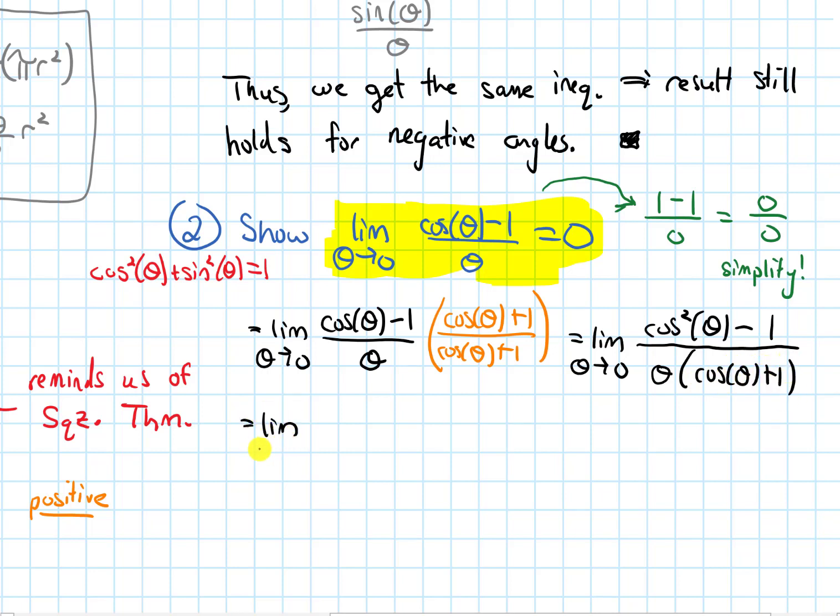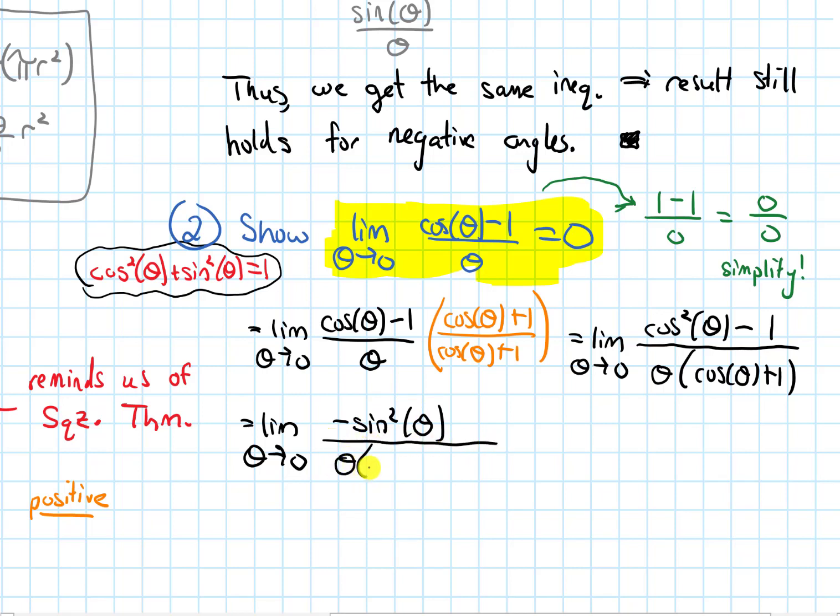So this equals the limit as theta goes to 0. Well, cosine squared minus 1, if I just rearrange the terms, is negative sine squared. So the numerator is negative sine squared, and then I have the theta on the bottom, times cosine of theta plus 1. Okay, so now I see I got 2 sines on the top.